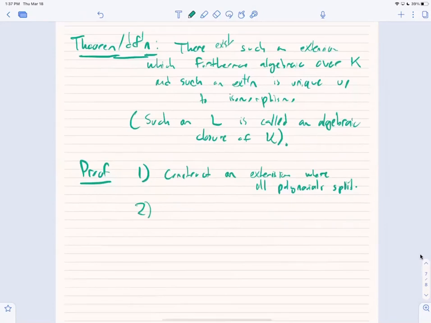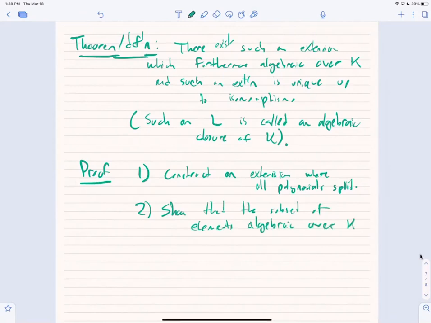Then all of the roots of the polynomials are algebraic over K, but the field itself might not be algebraic, so you just show that the subset of elements algebraic over K is a field.